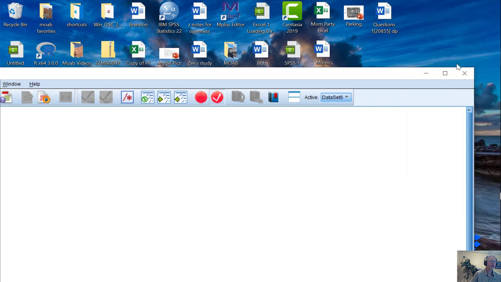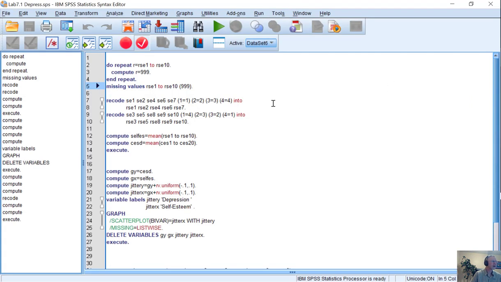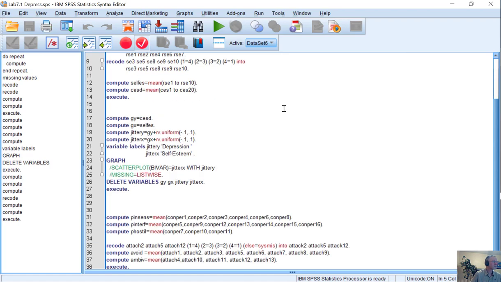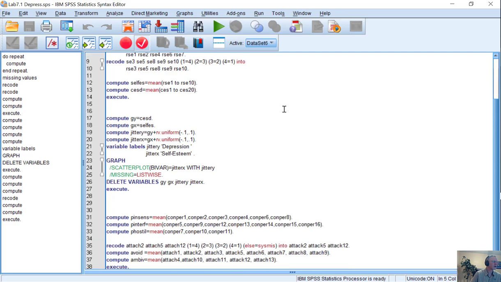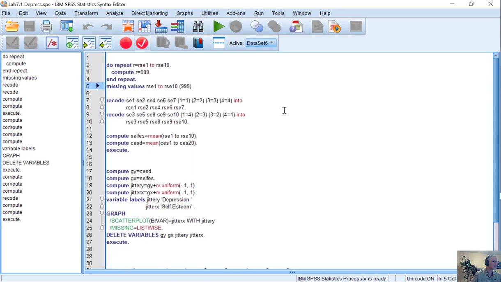I'm going to go ahead and pull up my syntax file for you. And let's see, in the syntax file, I didn't actually compute all of those unique depression variables.